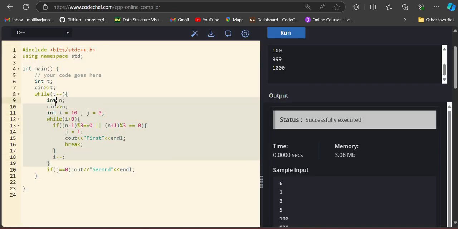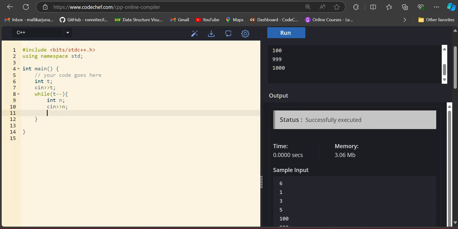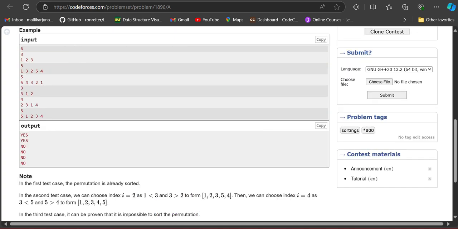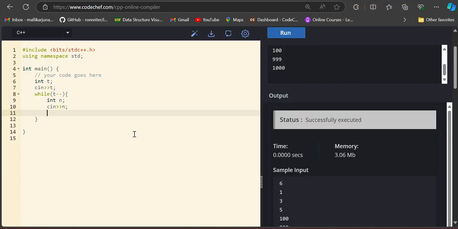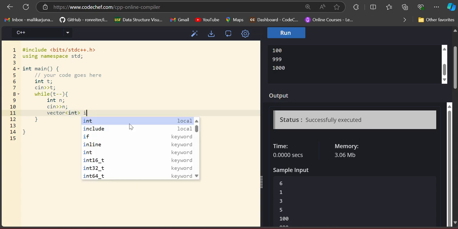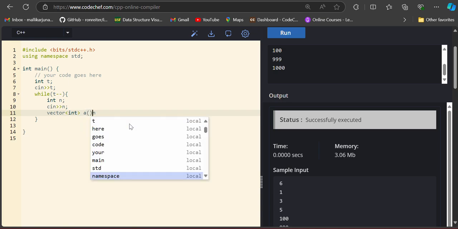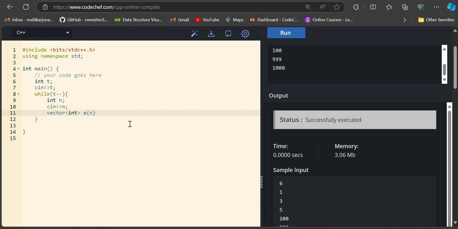I completely understand the intuition behind that. So we have to read n, and after reading n, we have to create an array of integers, an array of size n.